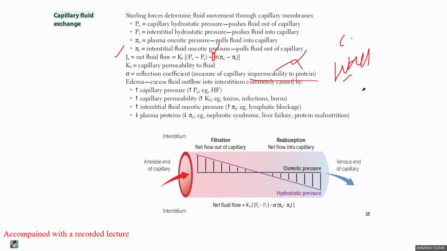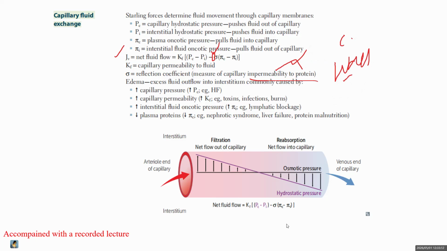And if the proteins can leak across easily, then the oncotic force becomes less effective. So this equation is simply telling us that the net fluid flow depends upon the hydrostatic forces pushing the fluid out minus oncotic forces pulling the fluid in, and modified by the permeability factors. So that is the full meaning.